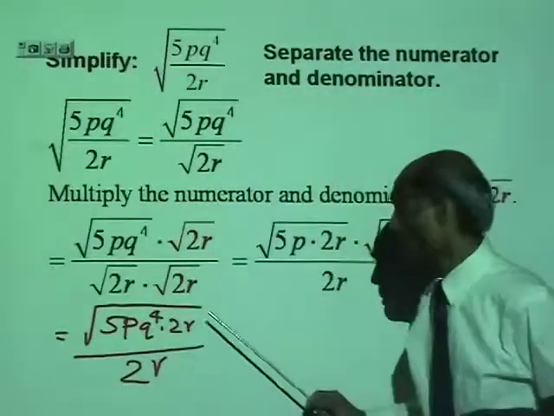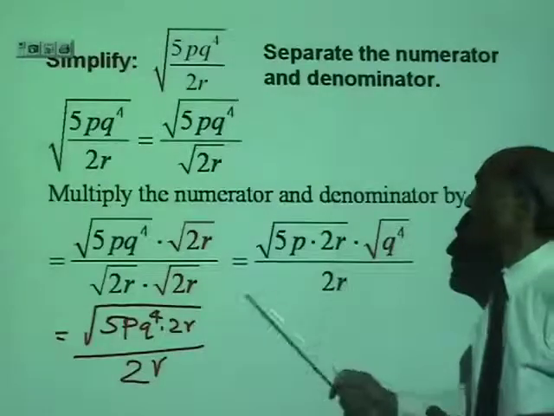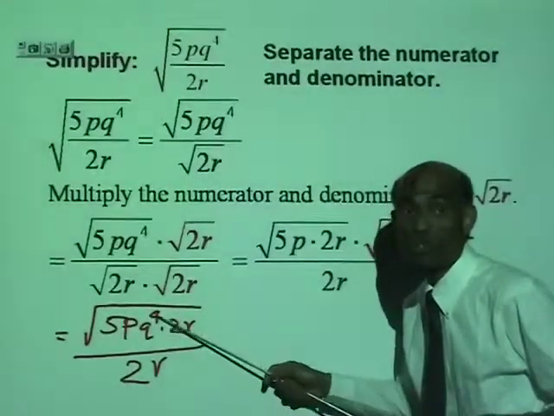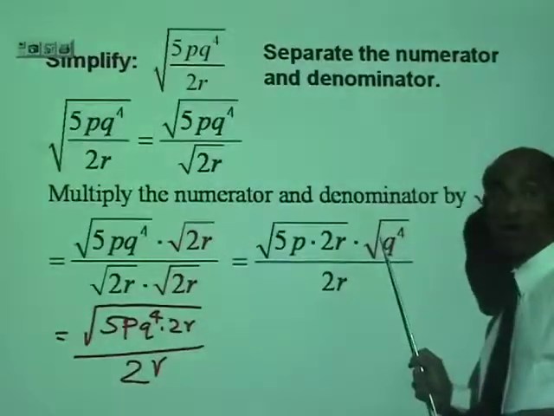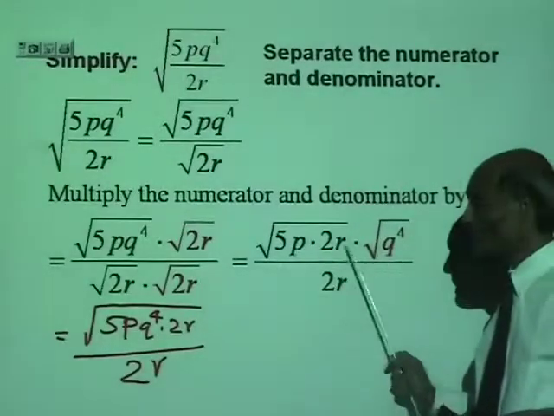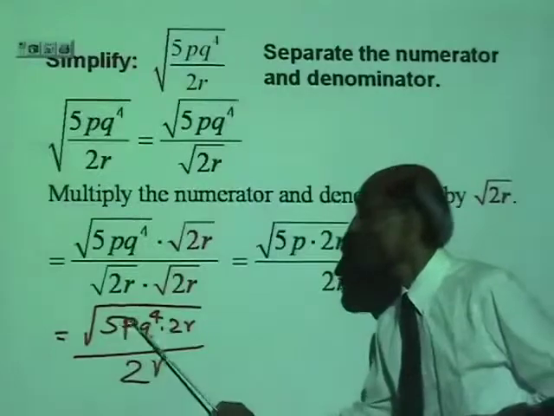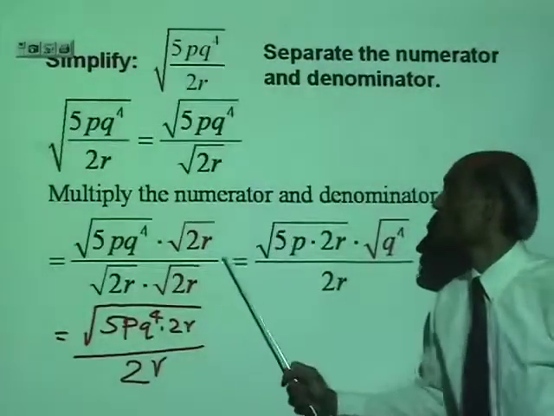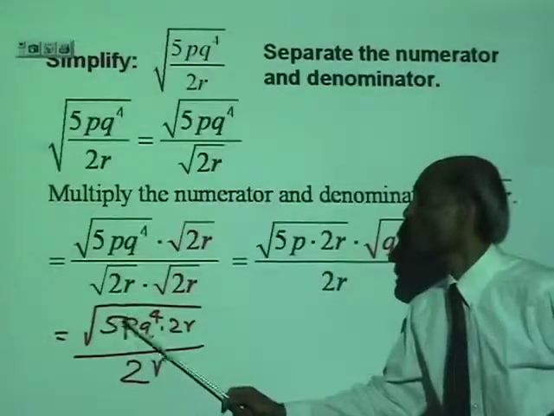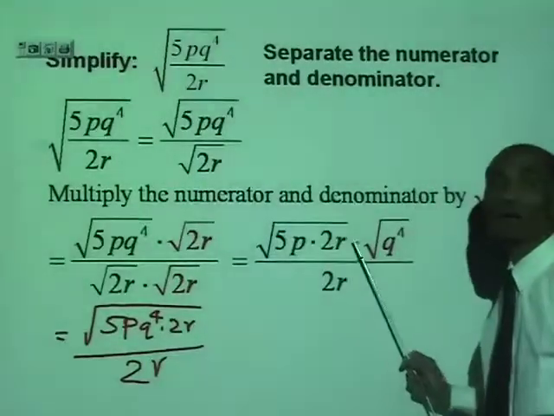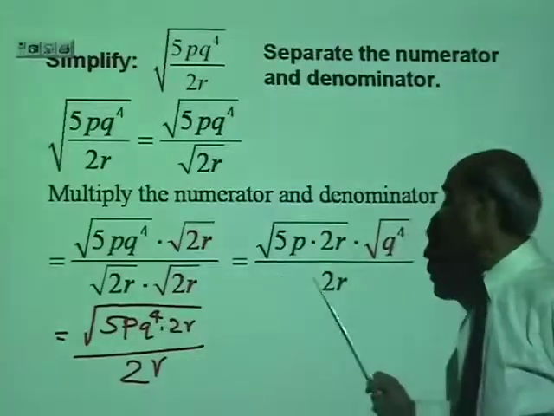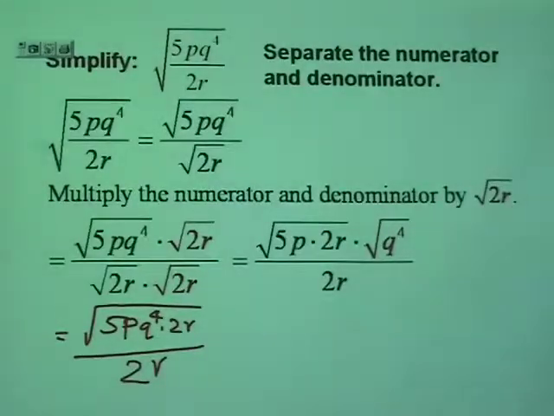And now, what I did in this step is separate the perfect square quantity q to the power of 4 in a separate radical and leave the others 5p times 2r. So this step means square root of 5p times 2r times square root of q to the 4 all over 2r.